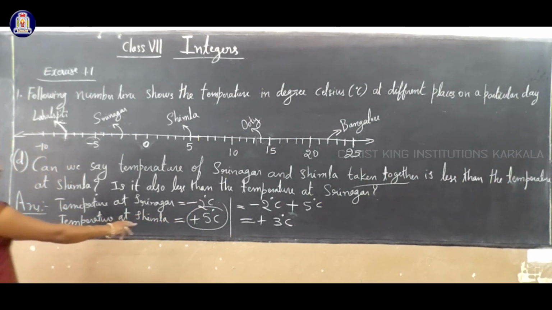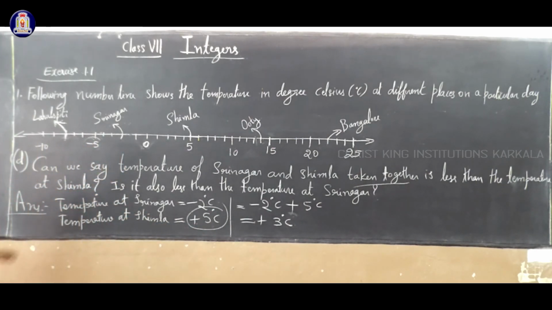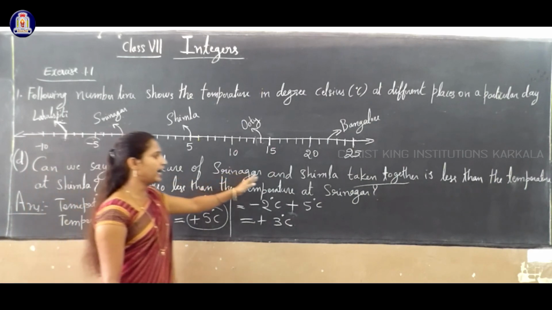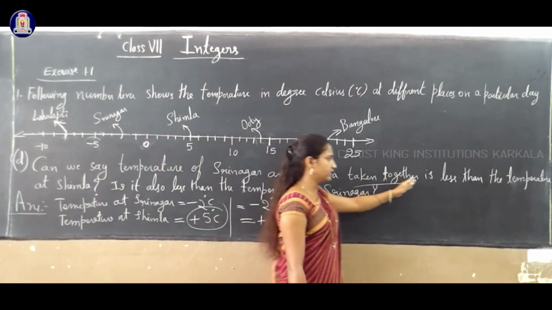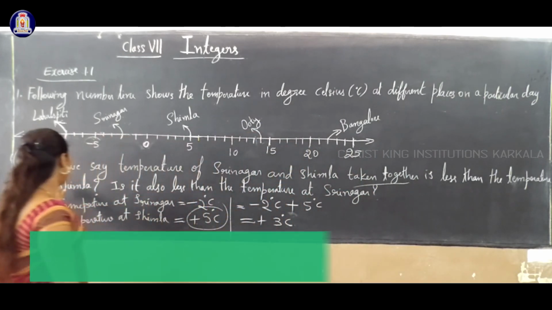Plus 5 is greater. So we can say that the temperature of Srinagar and Shimla taken together is less than the temperature at Shimla.